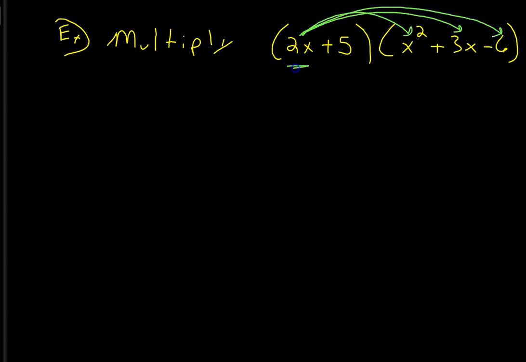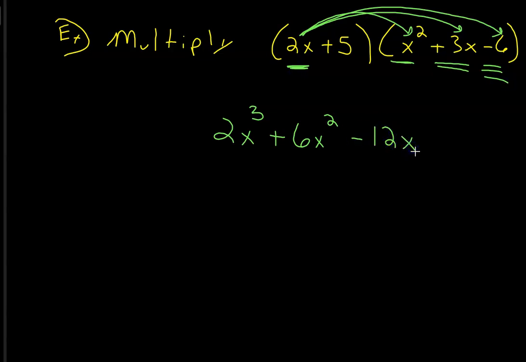So 2x times x squared should give you 2x to the third power. And then 2x times 3x should give you 6x to the second power. And then 2x times negative 6 should give you negative 12x.